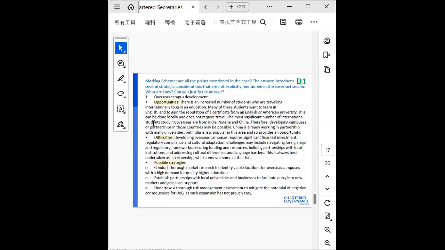It's more important than reciting something from the study guide. Once you get your structure correct, then you can probably make a reasonable answer to this type of question. You may not have all the points in the marking scheme, but as long as you can give a reasonable answer, that's good enough.